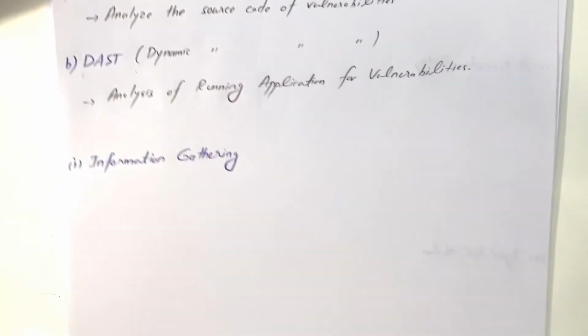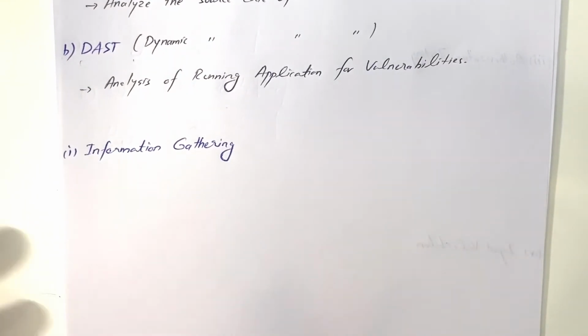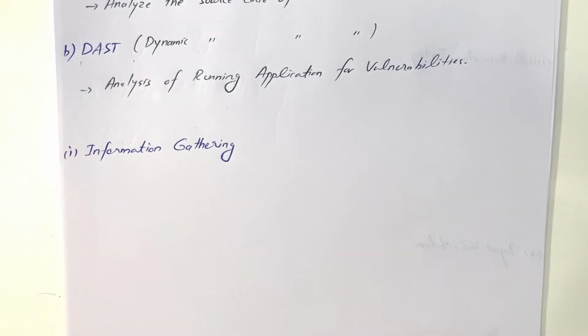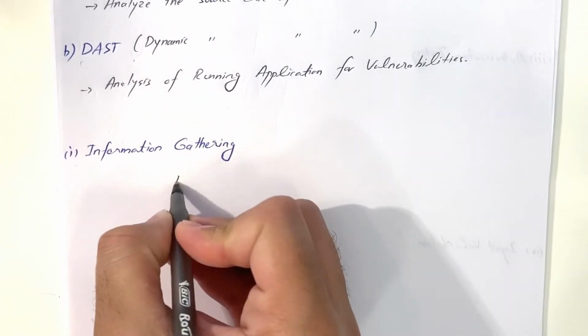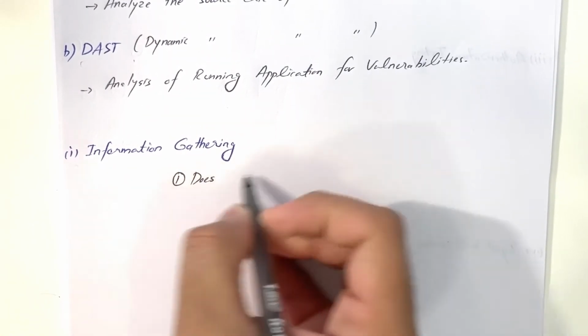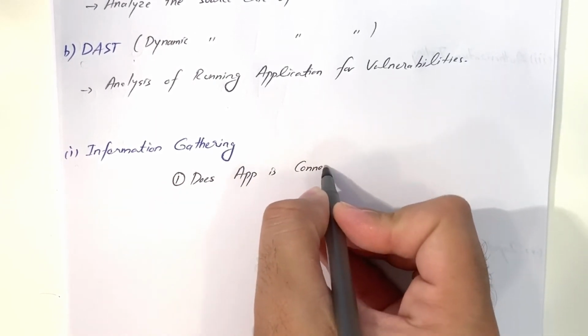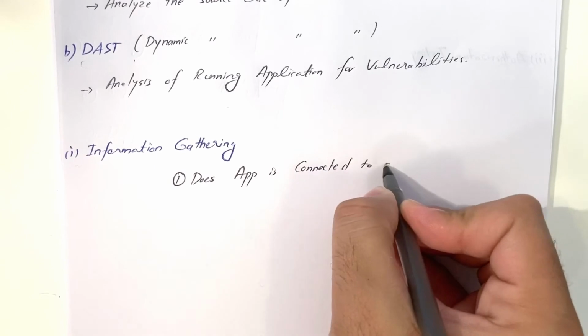DAST is basically where we do the analysis. If attackers do the DAST, and this book is mainly based on DAST. The first step in the vulnerability assessment is information gathering, where most of the vulnerability assessment tools, or even attackers, first gather information about the application. What kind of information? For example, is the web application connected to a database?